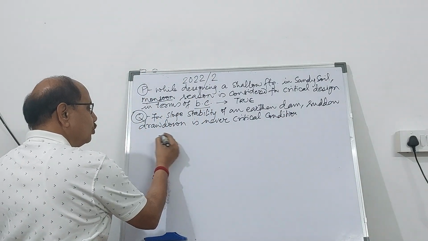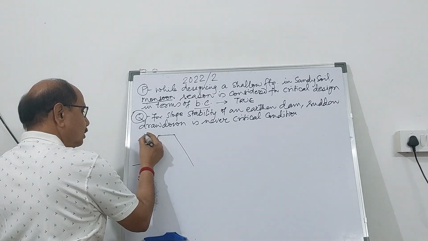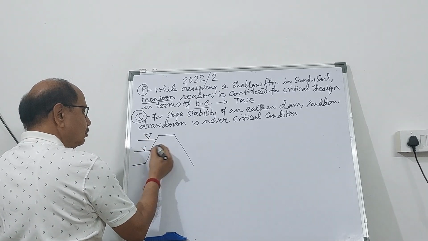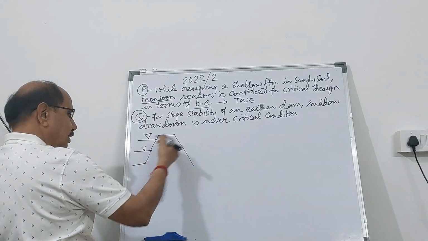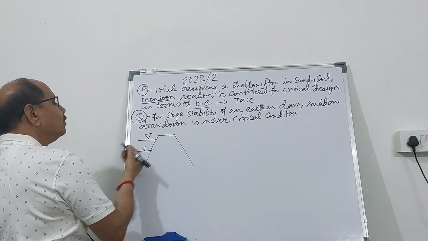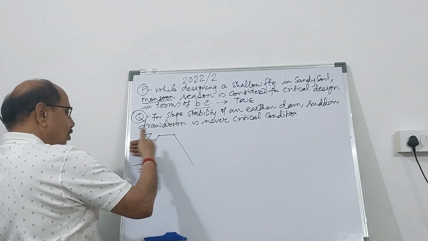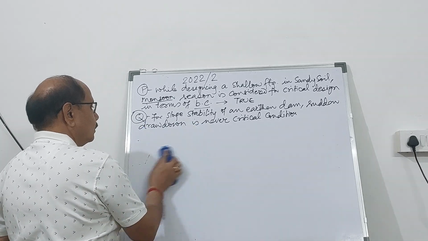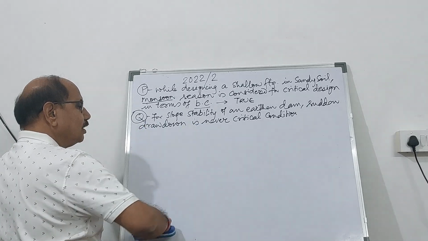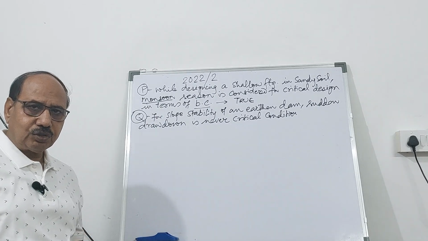So in an earthen dam, you know that in sudden drawdown, the water level goes down. The water is going to come on the upstream side itself. So the flow lines all will come, and it is going to be a critical condition because it can lead to failure of your slope.